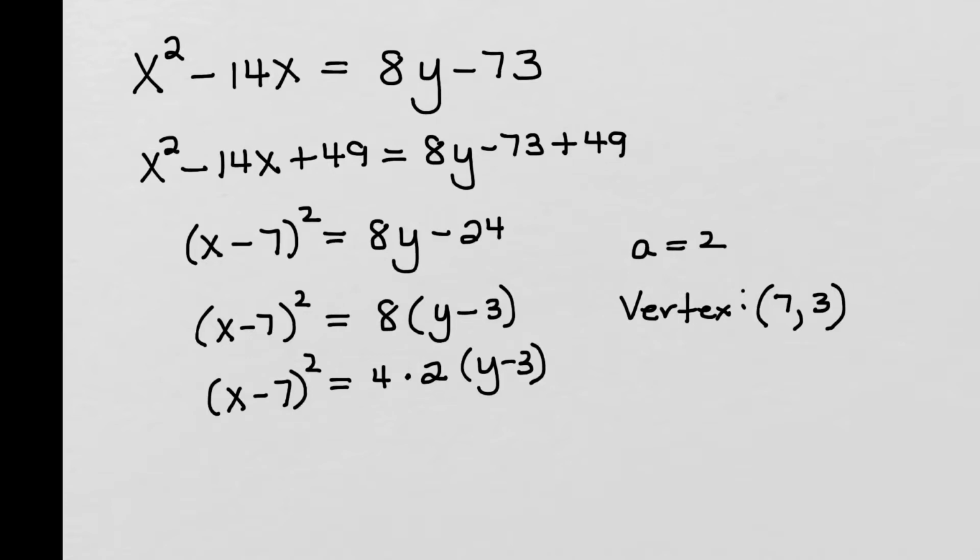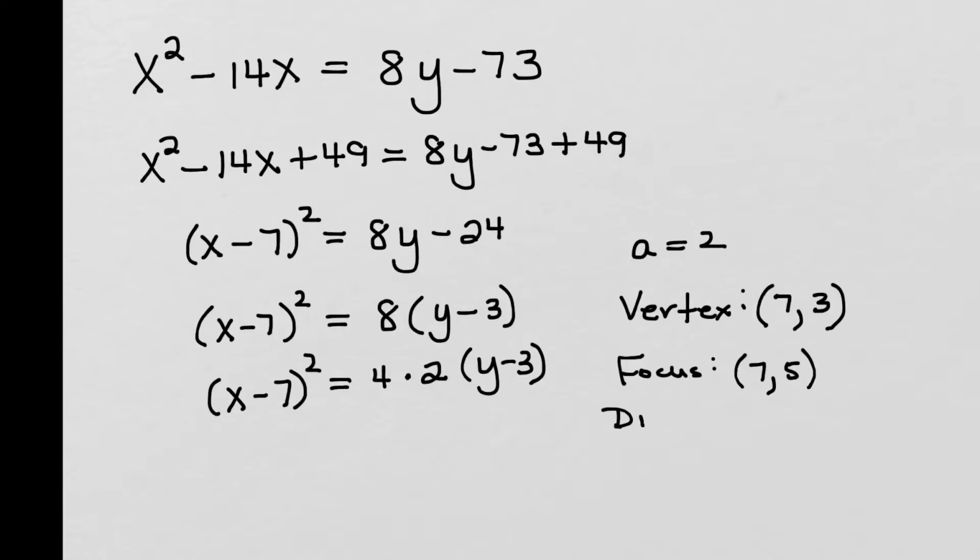In this case, it's up because we have a positive coefficient here. Our parabola is going to be facing up. So up is going to be a change in y, and so this is going to be 7, 5. That's where my focus is going to be.